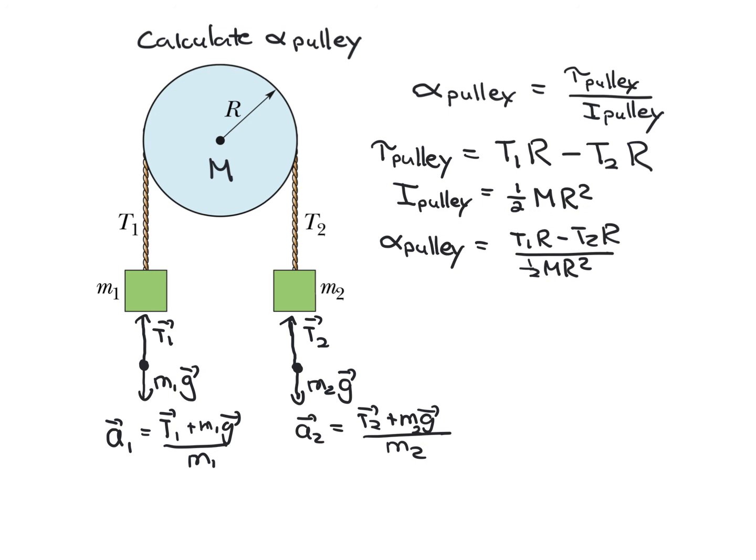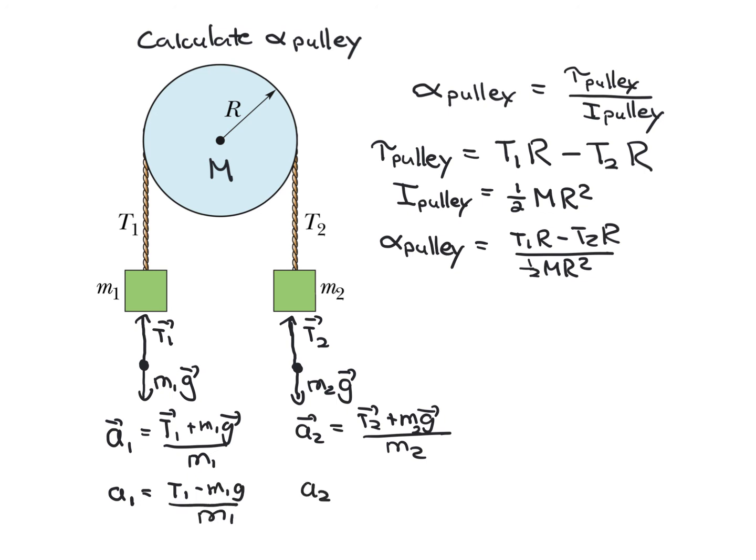And now I want to get rid of the vector symbols. So I'm going to just assume that the upward direction is positive and the downward direction is negative. So I can write a1 is just equal to T1 minus M1g over M1.